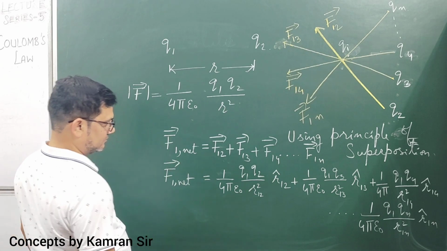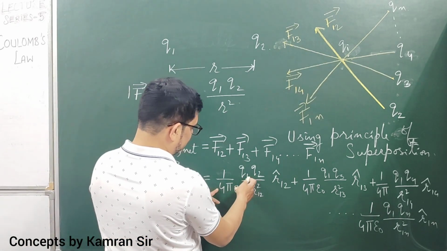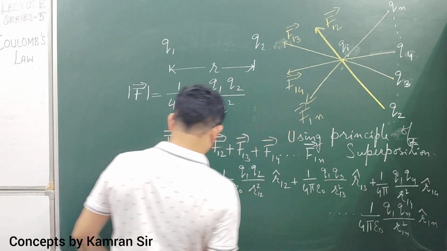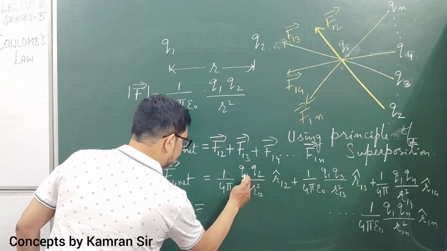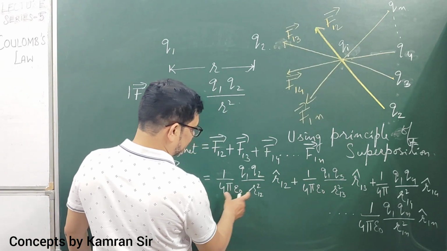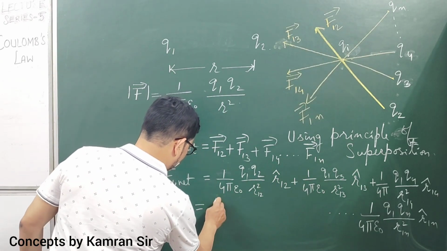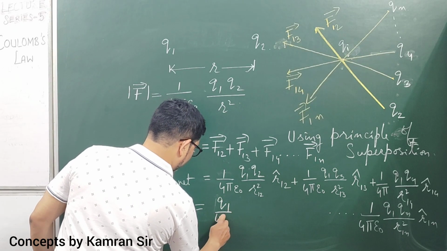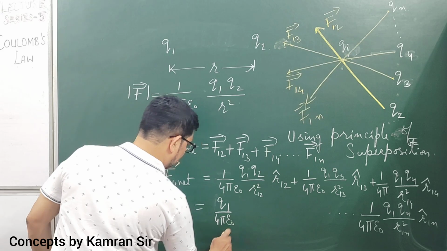For F1 net, let's take out the quantities which are common. Q1 is coming in all the terms, and 1 over 4 pi epsilon naught is coming in all the terms, so we can take these common.